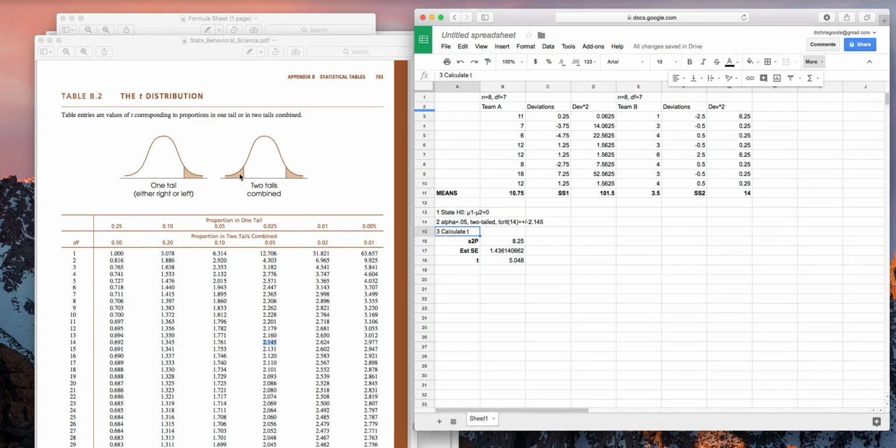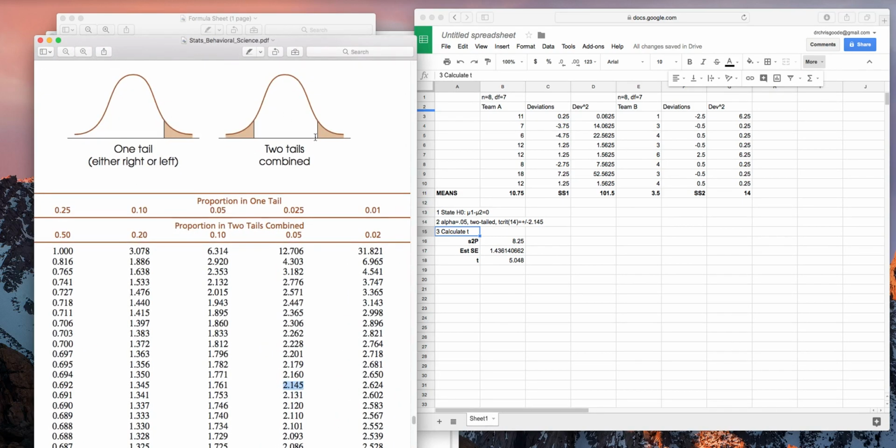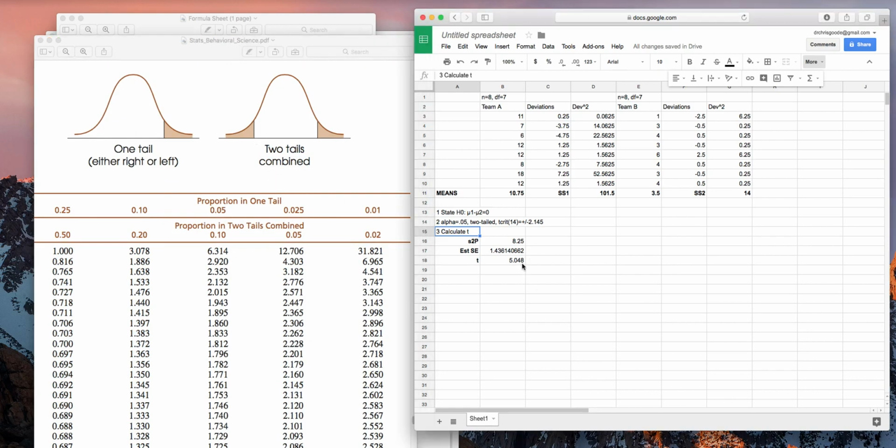And then this region over here, let's zoom in on this a little bit. All right, this region over here, that's at minus 2.145. So where does 5.048 fall? Well, if 0 is in the middle and positive 2.145 is there, then 5.048 is going to be to the right of that, somewhere over here in the shaded region. That means we reject the null hypothesis.